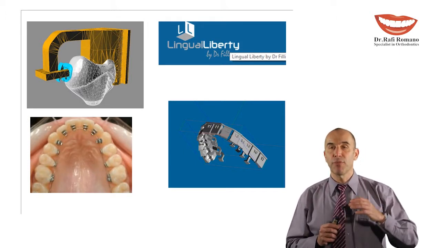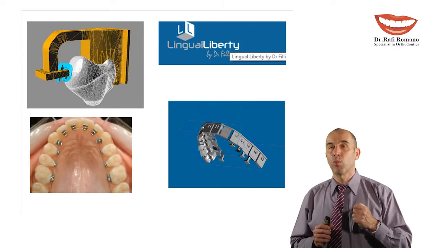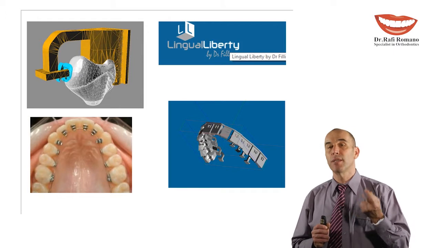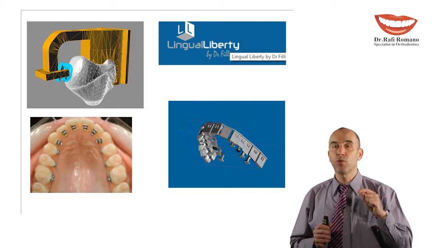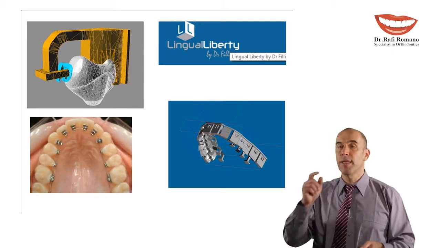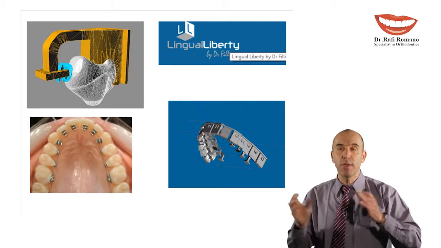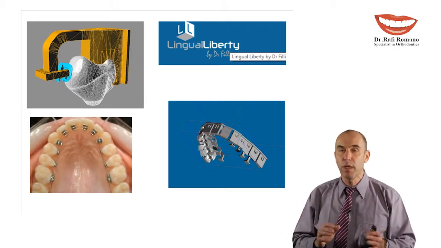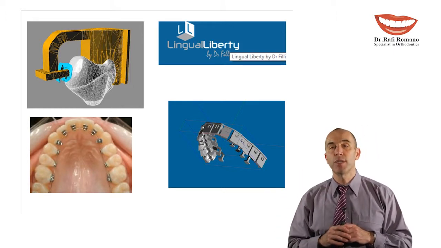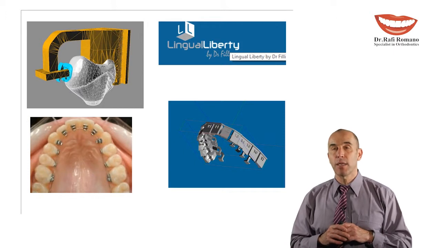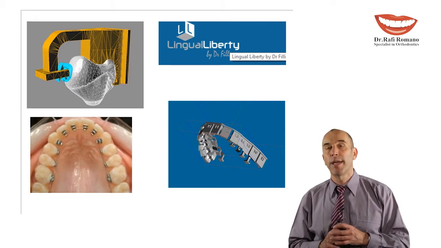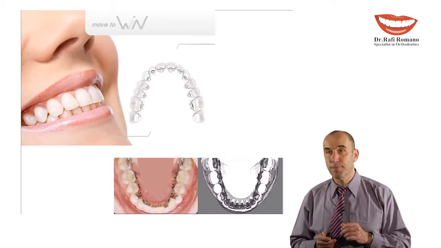The Lingual Liberty philosophy is that we keep our work as simple as possible, meaning that we design the bracket in order to have a straight wire concept, meaning that with these brackets that compensate for every difference that we have between one tooth to another, we can use a preformed wire which is straight wire without any bends, and this gives a really good control for the doctor on his wire bending during the treatment.